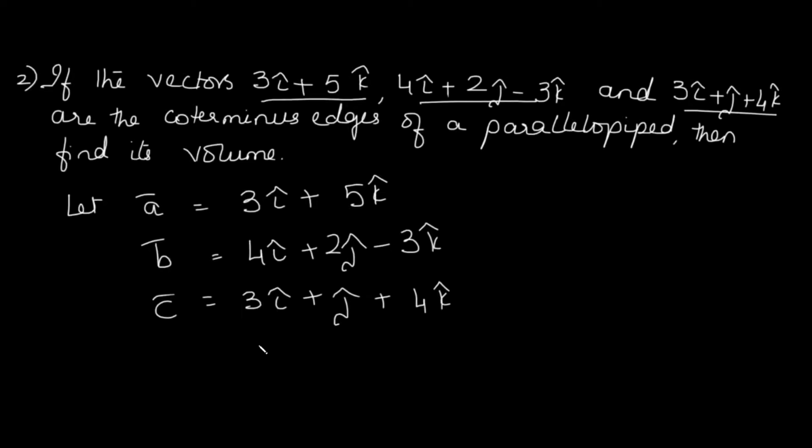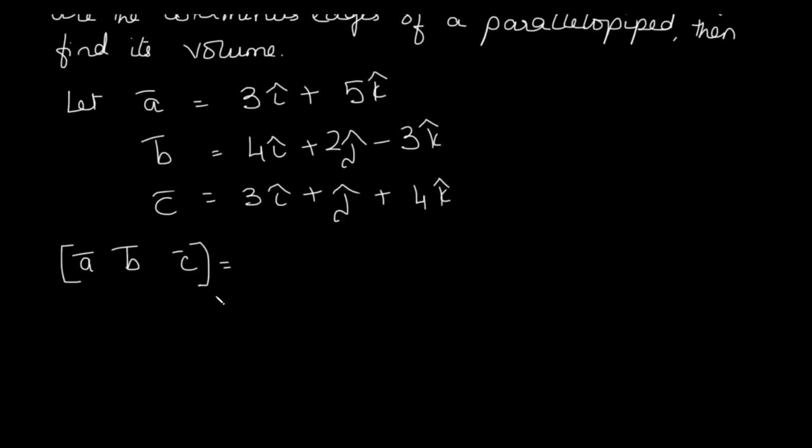Now the required volume of the parallelepiped is given as box ABC, and the scalar triple product comes out as a scalar, so directly we get the volume. We do not get a vector but a scalar over here.